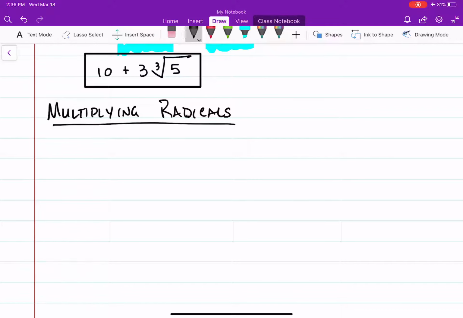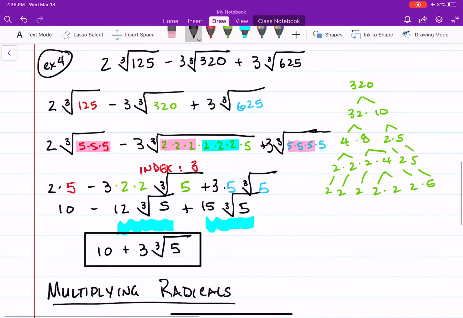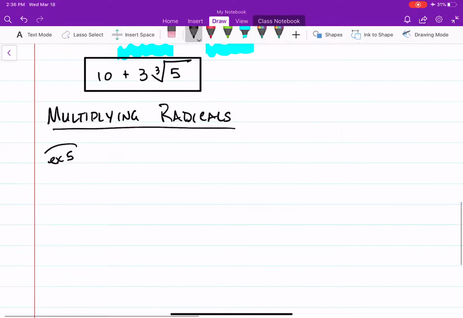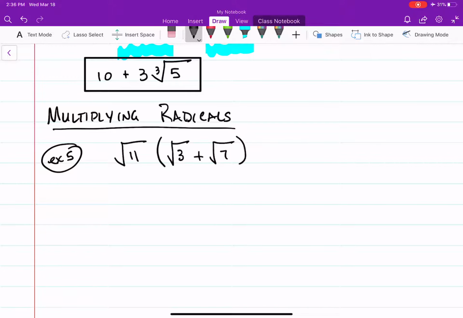So if I give you something like, what example are we on? 4 or 5. Okay, so let's say I give you a square root of 11 times square root of 3 plus square root of 7. Okay, yes, you're right. We would distribute.